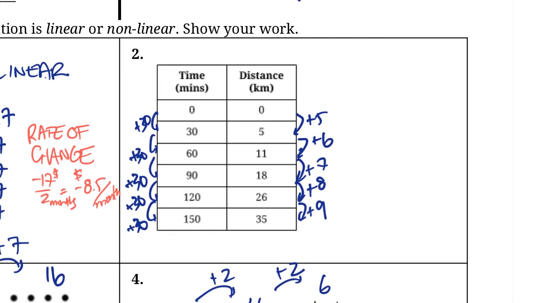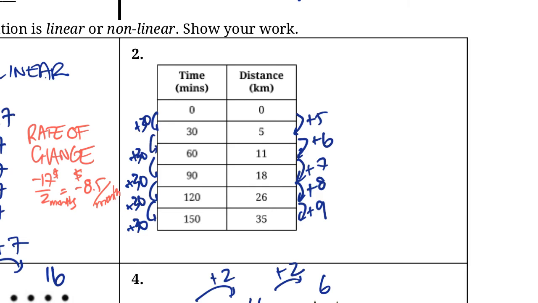Okay, so let's go to the next one. You'll notice here that the time goes up by 30 minutes each time, which is fine, that's consistent. And the distance goes up by 5, then it goes up by 6, then it goes up by 7. So is that linear or nonlinear? Well, there is a pattern, but these numbers are not the same. It doesn't go up by the same thing each time.